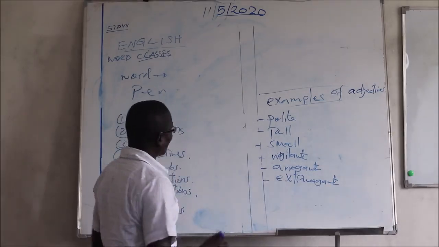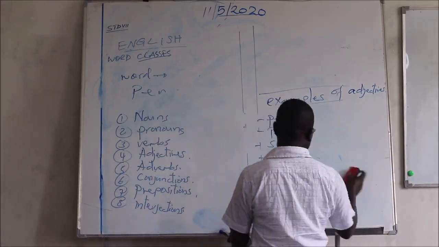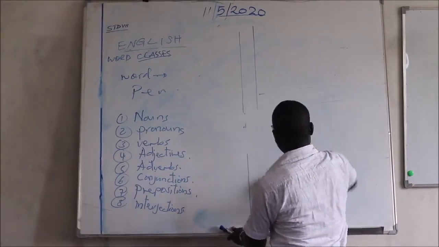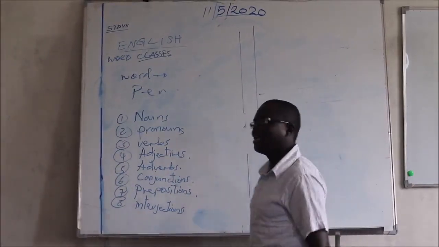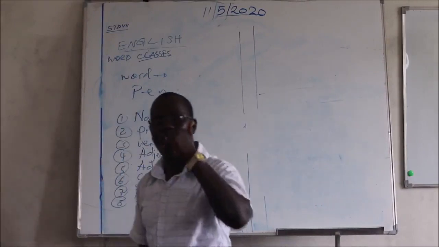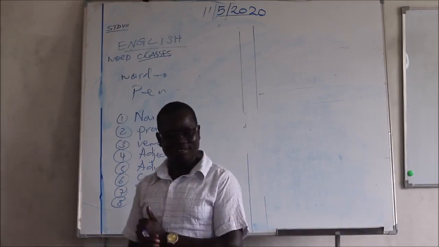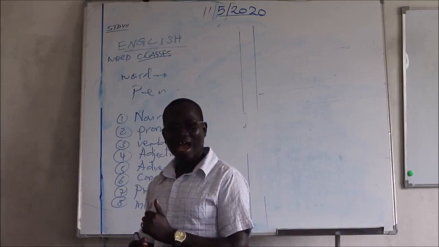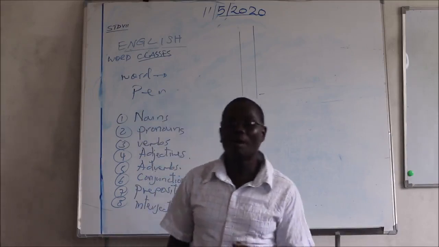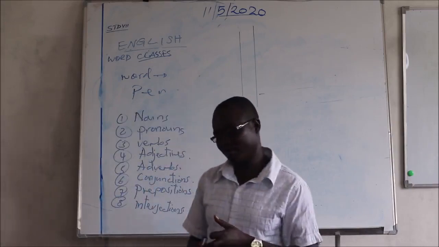Then after that we have adverbs. Now, what is an adverb? An adverb is a word that describes a verb, an adjective, and another adverb. An adverb is a word that describes more about a verb, an adjective, and another adverb.